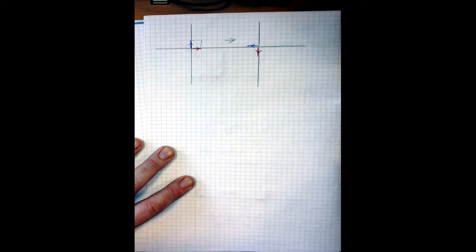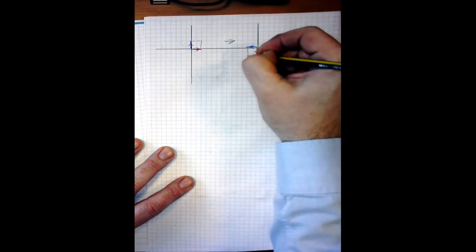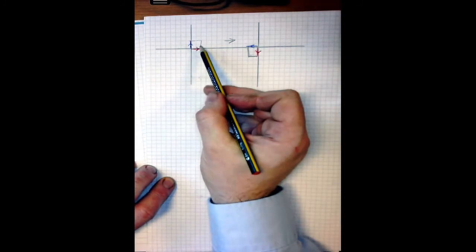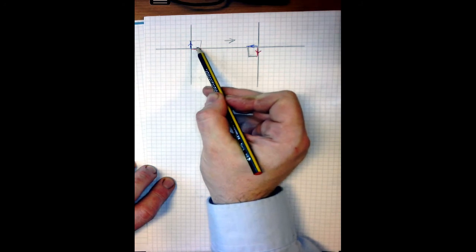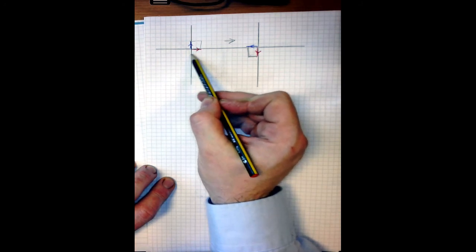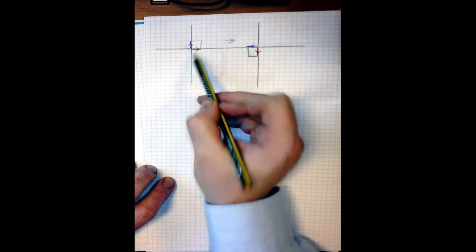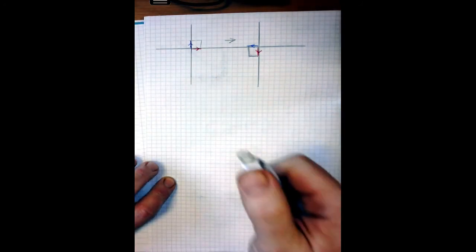It's been transformed, not translated, into that. Now, that is not a rotation, because if it was a rotation, my red side would be there and my blue side would be there. You might find it easier to sketch it on the same graph. That's fine.